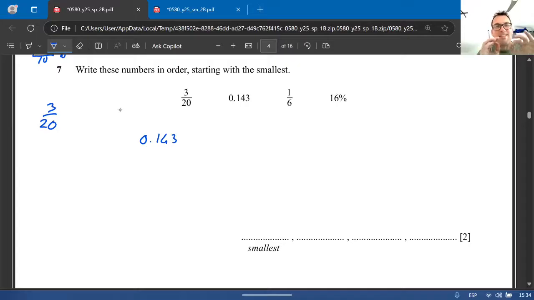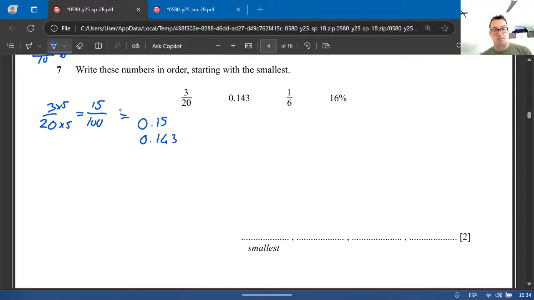Decimals is tenths, hundredths, thousandths. If we change this below to 100, 20 times 5 is 100, so we can change to hundredths. For equivalent fractions, we do the same to the denominator and the numerator. 3 times 5 is 15.